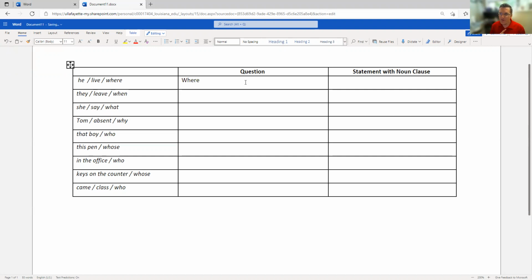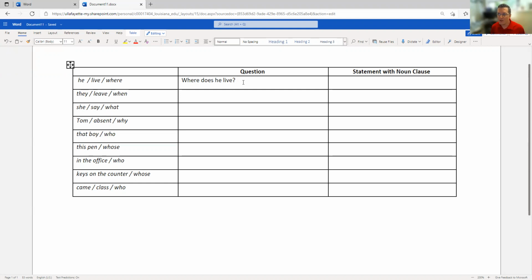And now after the where, I'm going to need an auxiliary. For present tense, it will be do or does. For past tense, it would be did. So I could say, where does he live? If it's past tense, I would say, where did he live? This is how I form a question in English. Where does he live?